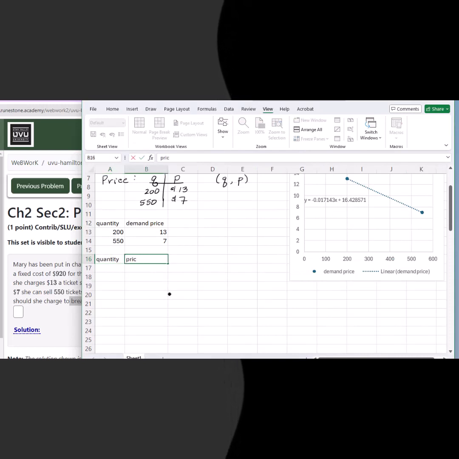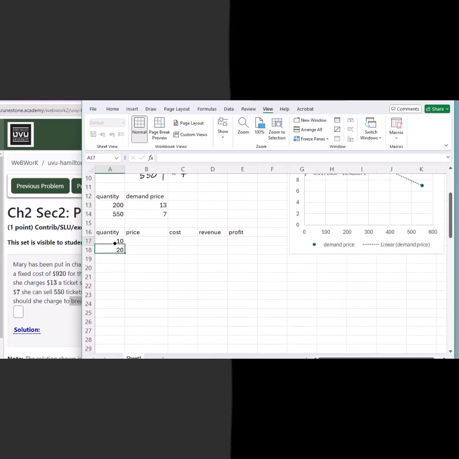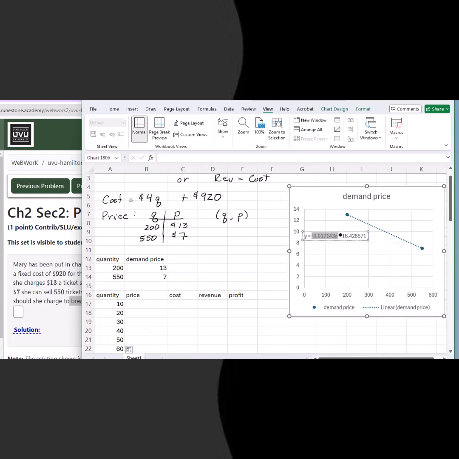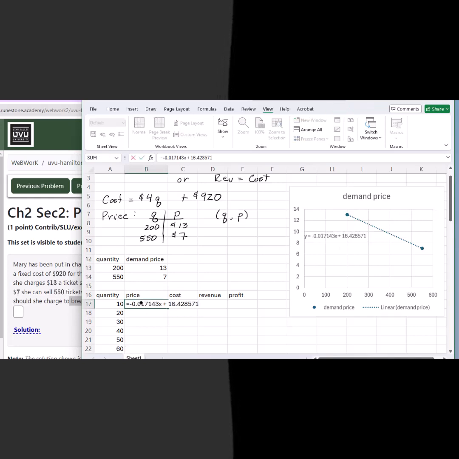Okay, I want to set up the equations. Quantity, price, cost, revenue, and profit. Quantity 10, 20, 30, and so on. Price is this function that I just modeled. Take out the reference to X, put in your times sign, and get the quantity.